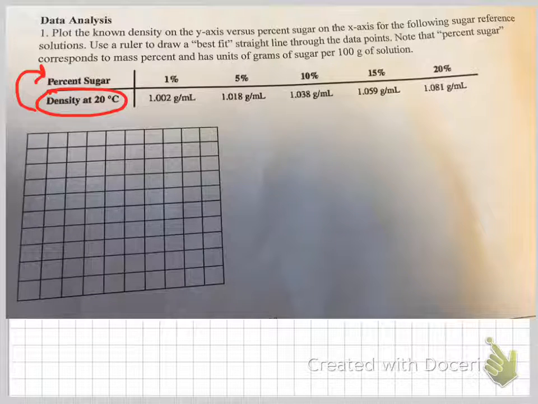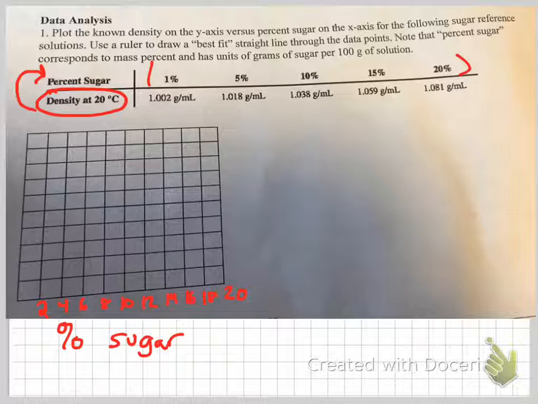So what we need to do with this data is graph percent sugar versus density. The percent sugar we can put on the x-axis. You can see we need to go from 0 to 20, so each line can be 2: 2, 4, 6, 8, 10, 12, 14, 16, 18, 20.